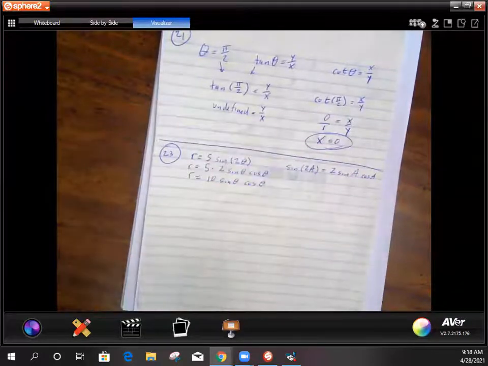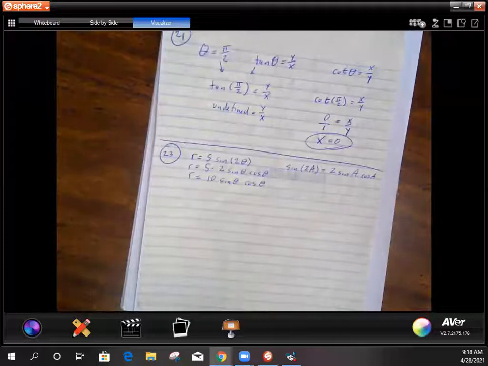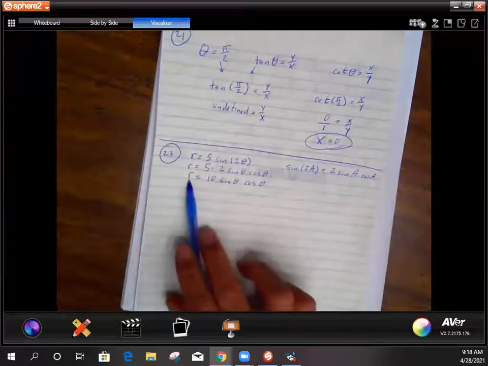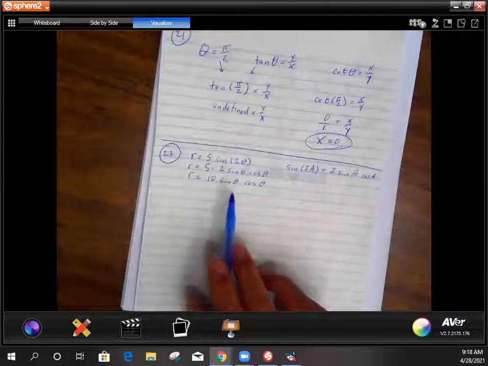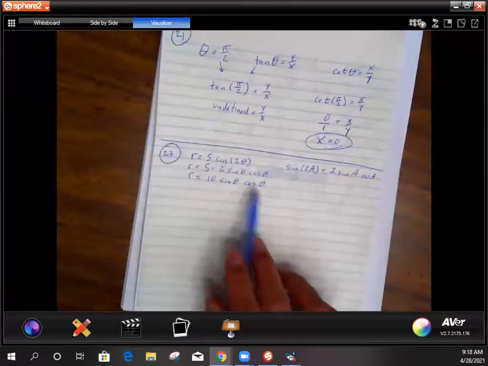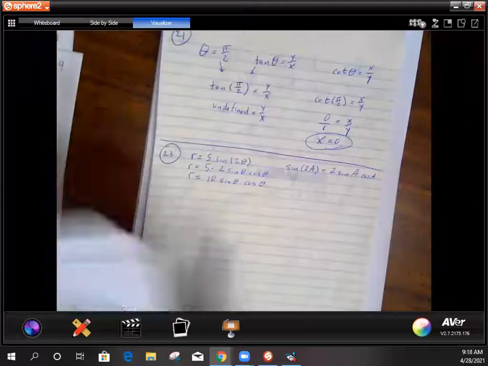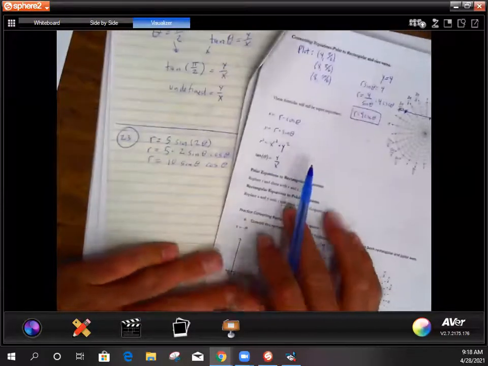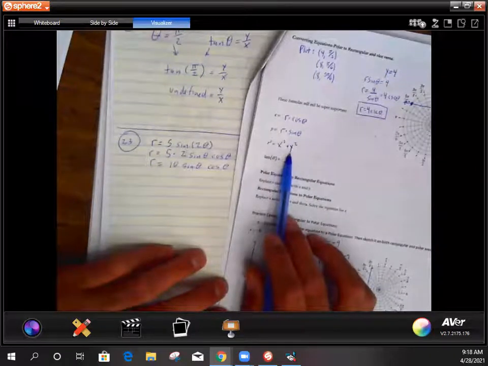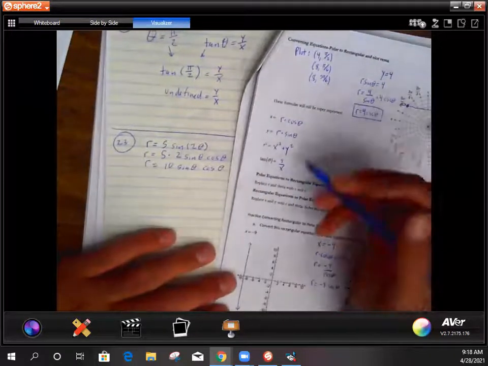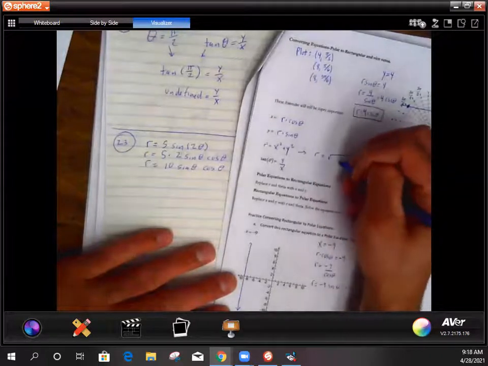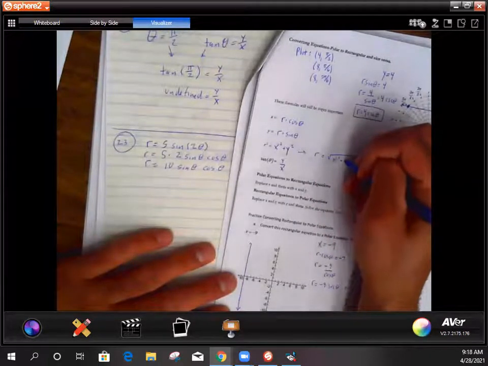All right. Now, what do we do from here? Well, we have r and we have sine theta cosine theta. So if we look, we know that r squared is equal to x squared plus y squared, which implies that r is equal to the square root of x squared plus y squared.